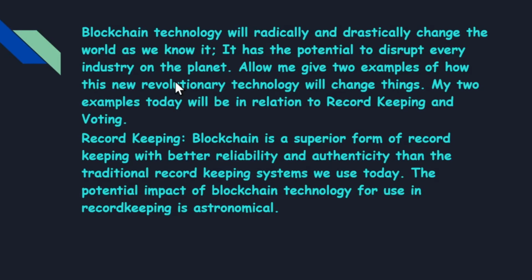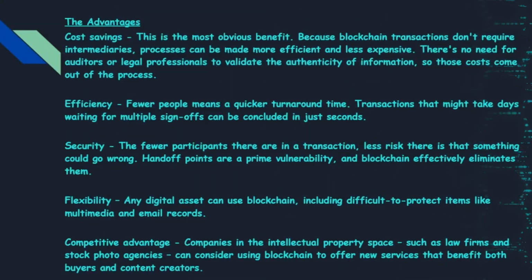The potential impact of blockchain technology for use in record keeping is astronomical. The advantages of blockchain in record keeping are cost savings, efficiency, security, flexibility, and a competitive advantage.